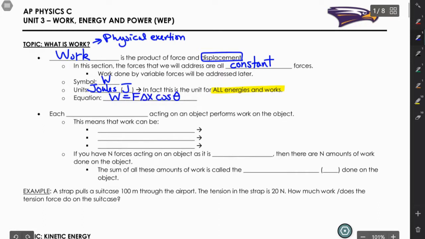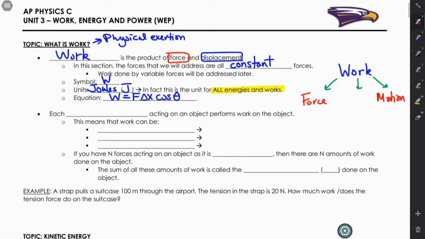On multiple choice questions, they'll have you identify a situation where work is being done. The way you have to think about it, there have to be three things happening for work. First, there has to be a force, right? You have to have a force exerted. It's right there in the definition. The second thing is you have to have a change in motion, the displacement.